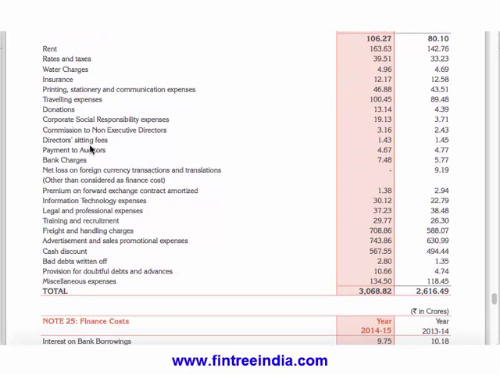Corporate social responsibilities. Do you see advertisement and sales promotions here? That's about 743. So 743 as a ratio to 14,000. That's how much? 2%. No, it would be 5%. Is it about 5%? So roughly the marketing or advertisement expenditure is 5% of total revenue.